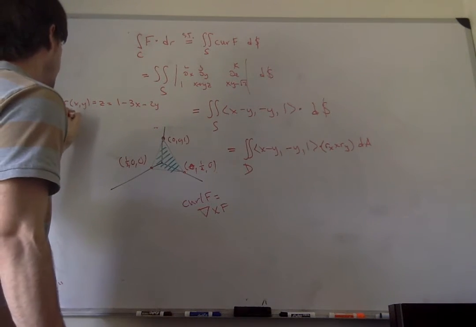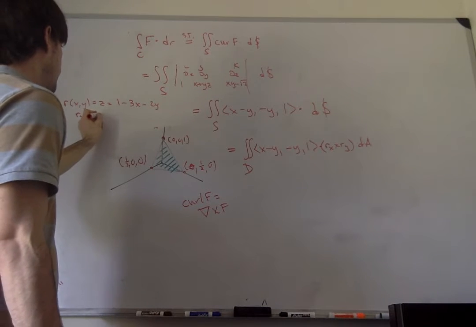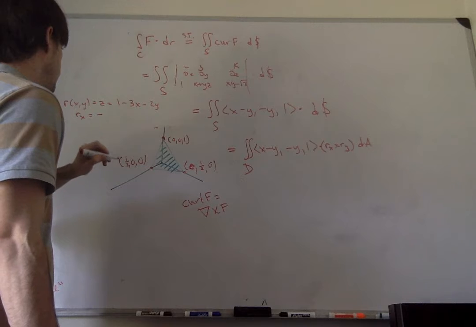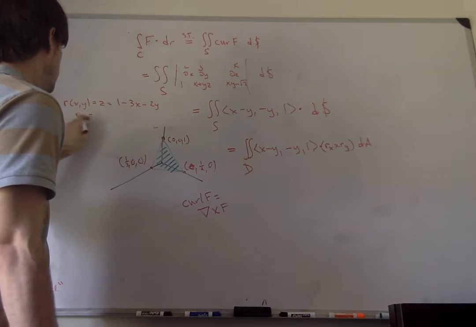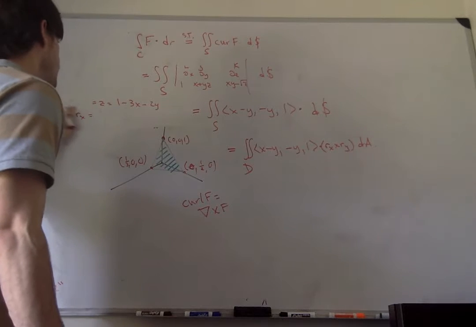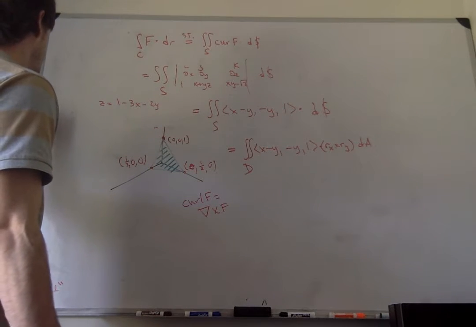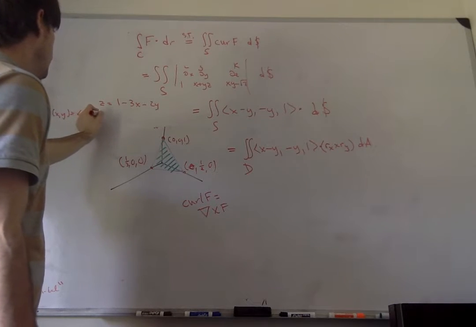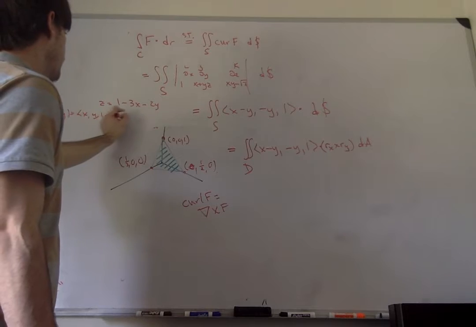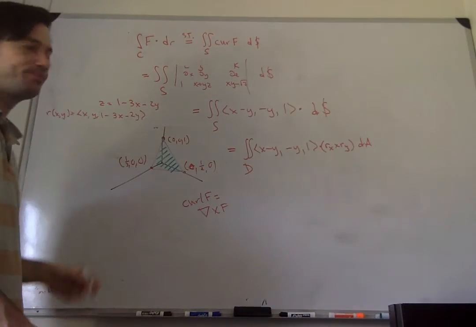And then if I compute the partial with respect to x, I get that r of x, y is going to equal x, y, 1 minus 3x minus 2y, right? Because that's going to be z.